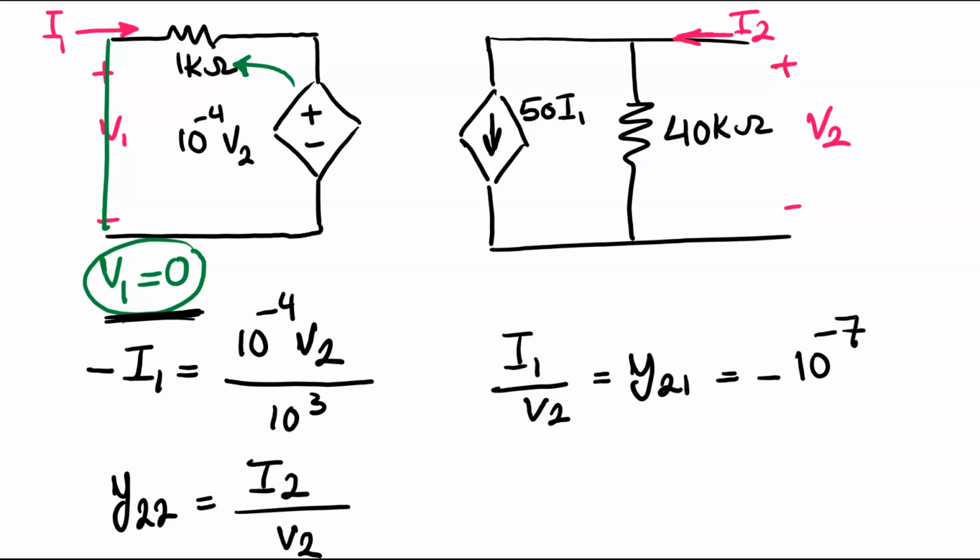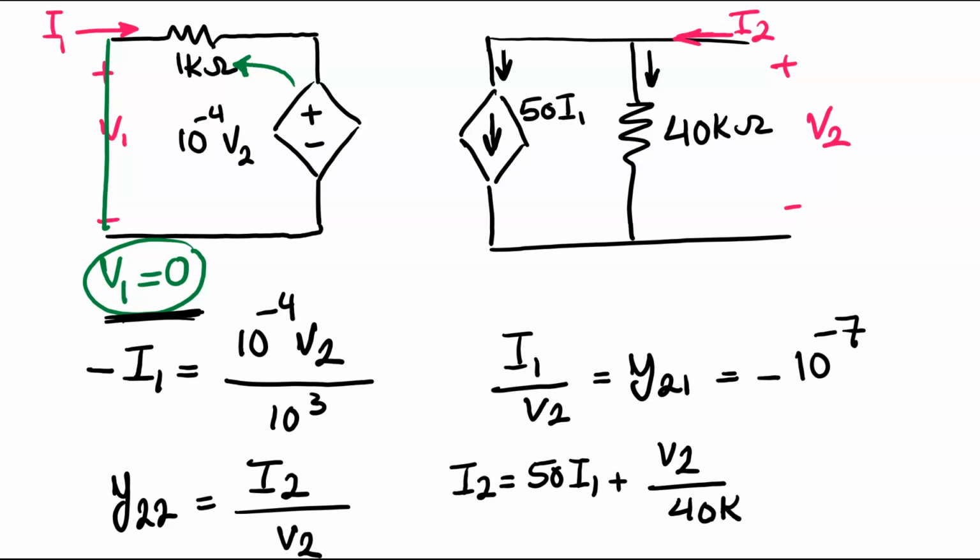In this circuit, I can say that I2 is equal to the current going in this direction and this direction. So I2 is equal to 50 I1 plus the current of the 40k ohm resistor, which is equal to V2 over 40k.